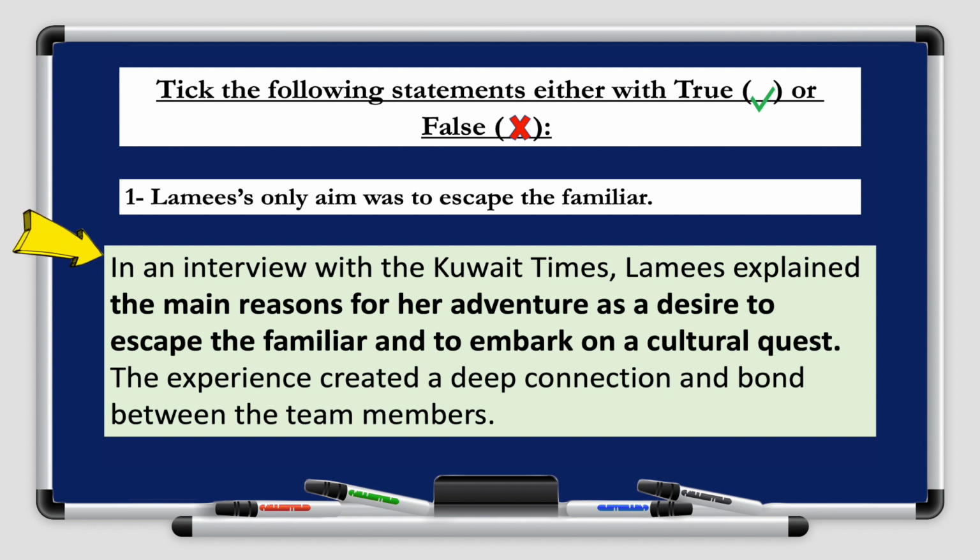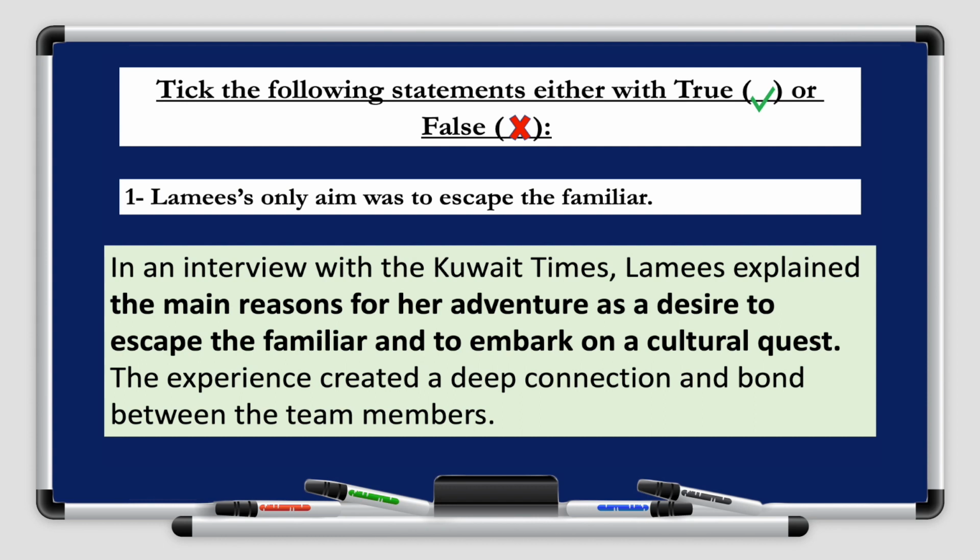In an interview with Kuwait Times, Lamis explained the main reasons for her adventure as a desire to escape the familiar and to embark on a cultural quest. So the question states that Lamis's only aim was to escape the familiar. Reading the text, it says to escape the familiar and to embark on a cultural quest.